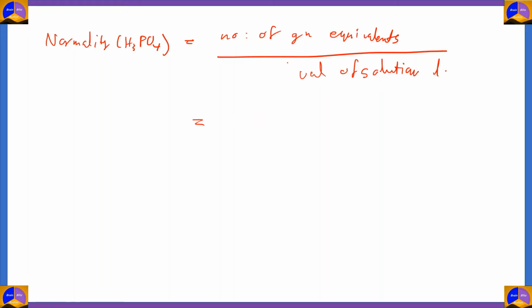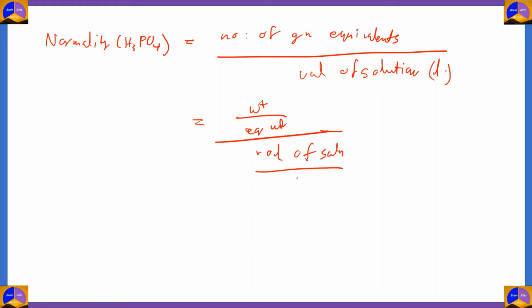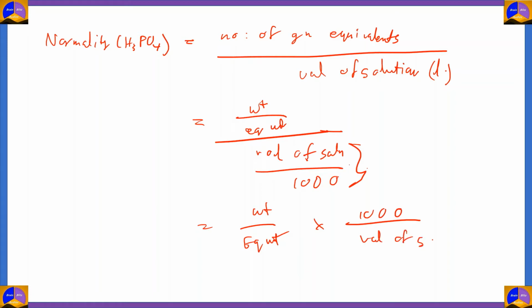So number of gram equivalents is weight by equivalent weight, the whole divided by volume of solution in liters, but we have it in cubic centimeters, so we should divide it by 1,000. So that will be volume of solution divided by 1,000. So as I said earlier, this part goes to the top. So that means weight by equivalent weight into 1,000 divided by volume of solution.